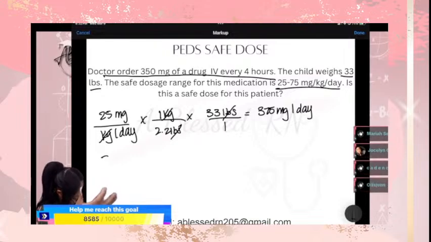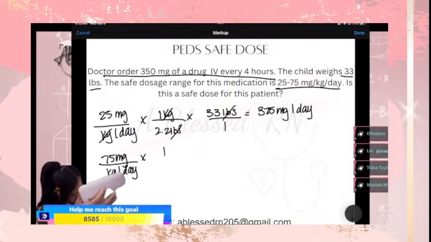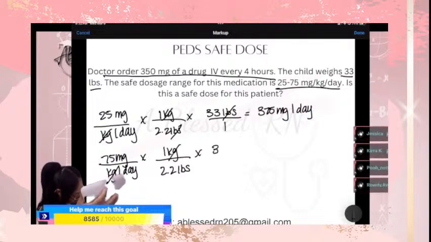The most that they can get is going to be 75 milligrams per kilogram per day. So we'll set it up just the same way that we did the one that's on the top. So kgs cross out, and then we'll do 33 pounds. We'll put it over 1.